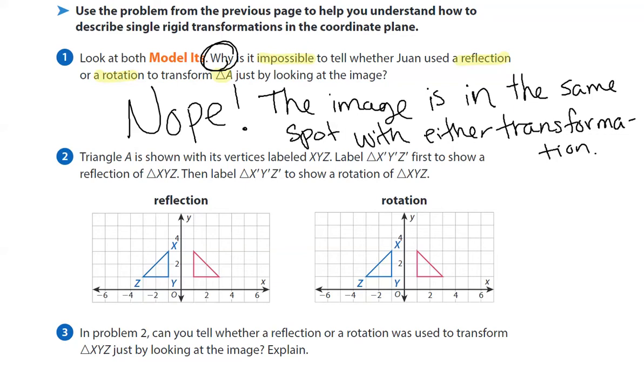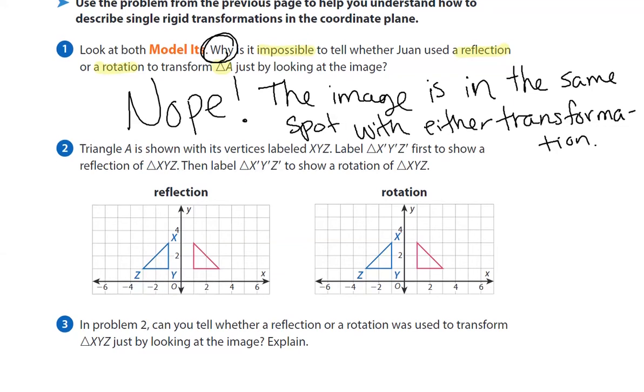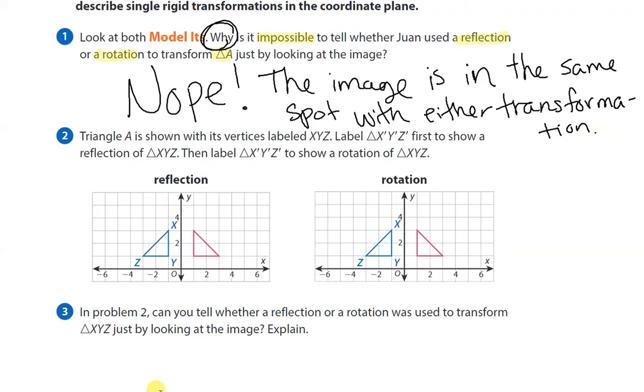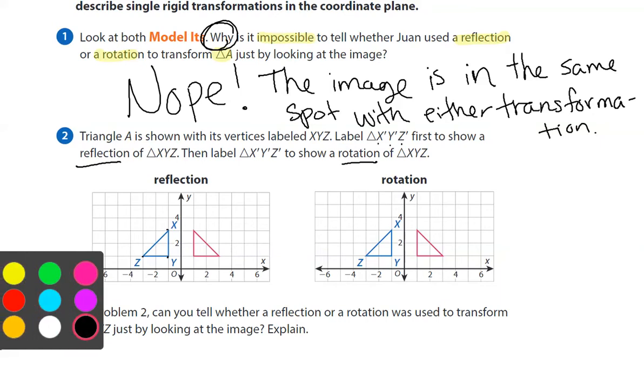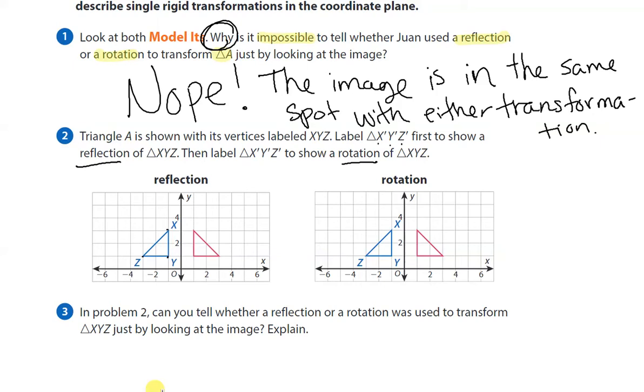Okay, triangle A. We're on number 2 now. Triangle A is shown with its vertices. Remember, vertices means corners. Labeled as X, Y, Z. Label X prime, Y prime, Z prime first to show a reflection and then to show a rotation. Ooh, getting tricky. Okay. Well, if it's a reflection, then they will correspond by their opposite.